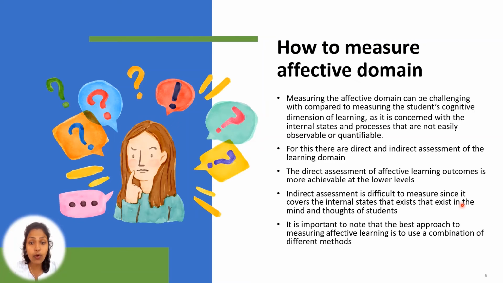Indirect assessment is difficult to measure since it covers the internal states that exist in the mind and thoughts of the students. So the researchers are continuing the effort to use a variety of methods for indirectly assessing the intended affective learning outcomes. It is important to note that the best approach to measuring affective learning is to use a combination of different methods.